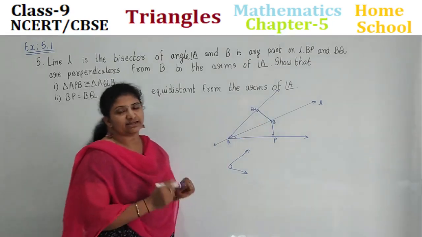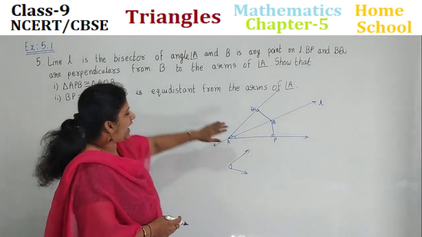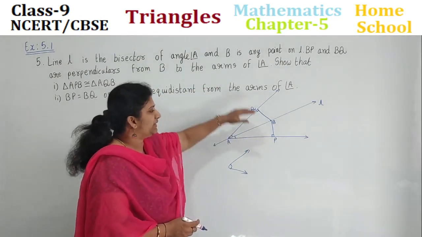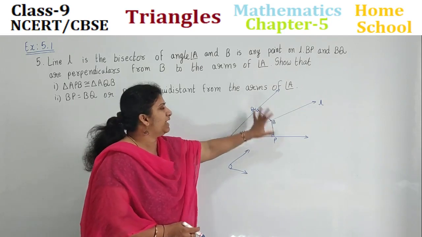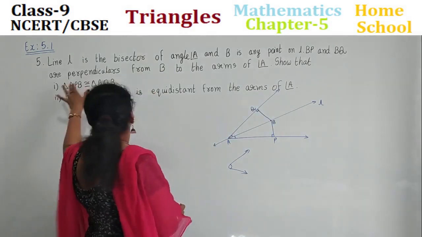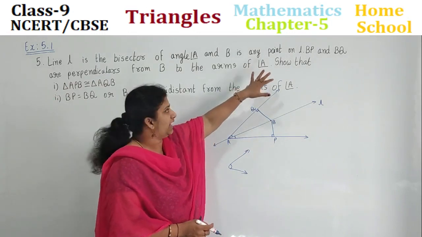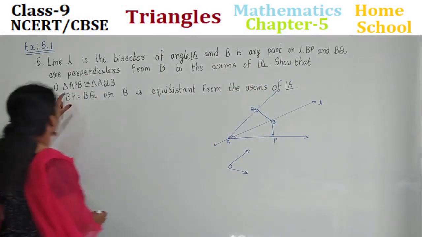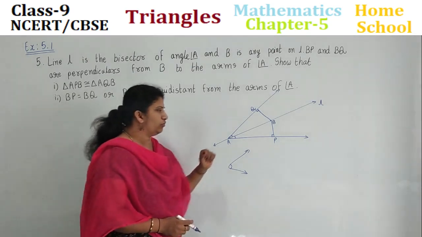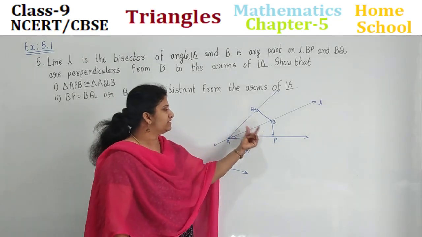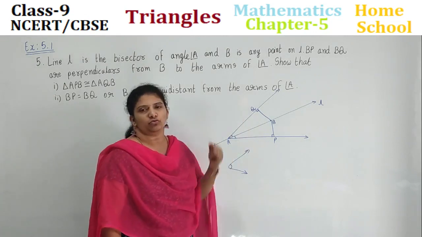So once again, let's understand the problem. Line L is the bisector of angle A and B is any point on the line L. BP and BQ are the perpendiculars from B to the arms of the angle A. Show that triangle APB is congruent to triangle AQB.